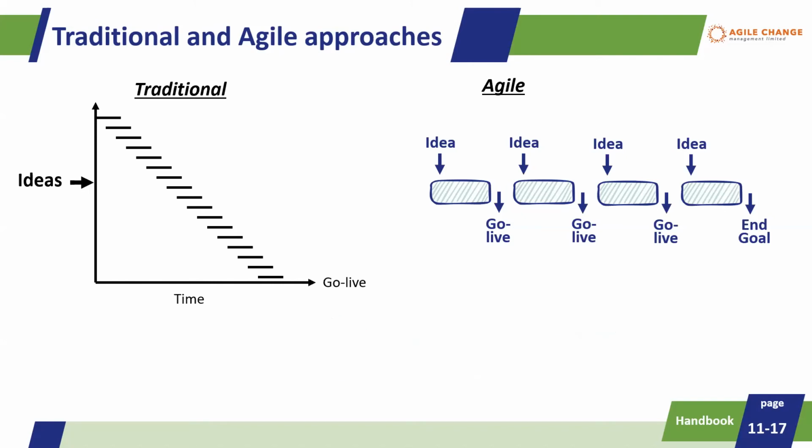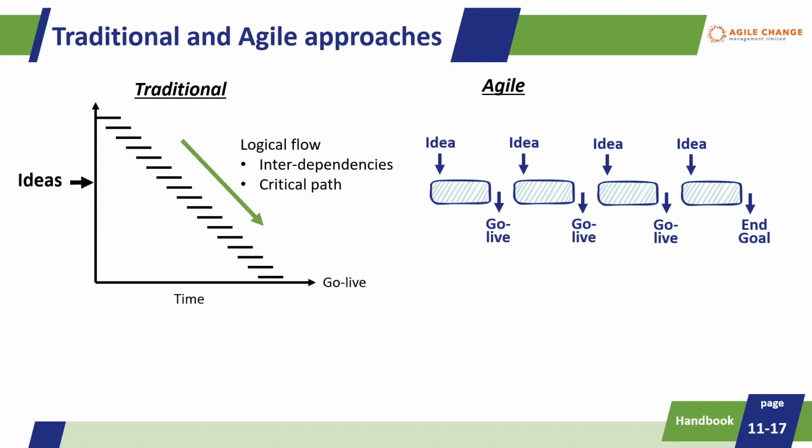Let's have another look at traditional versus agile approaches. Now, when I'm putting together my plan from start to finish, which is really what the traditional approach allows me to do, because the solution is fixed, I know exactly what it is I'm trying to create, and I know that I'm going to put all aspects of it together before we go live. So I can organise all of the work from start to finish.